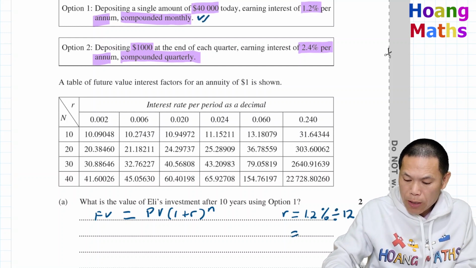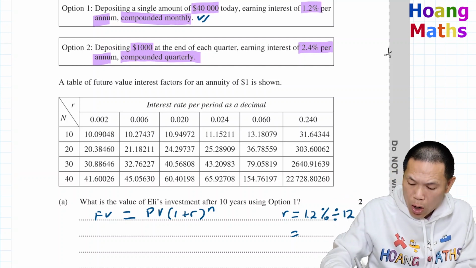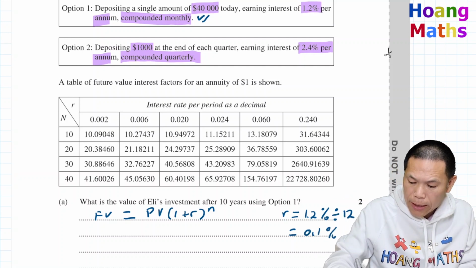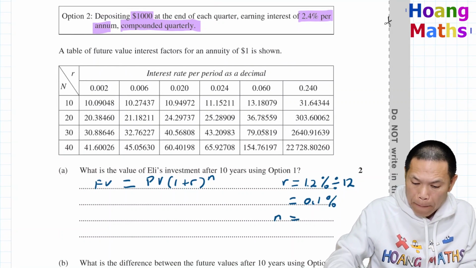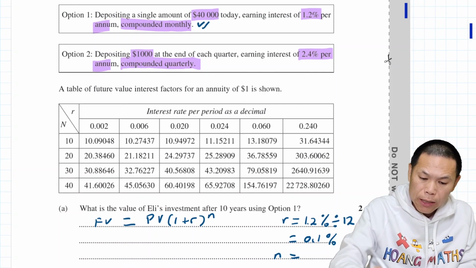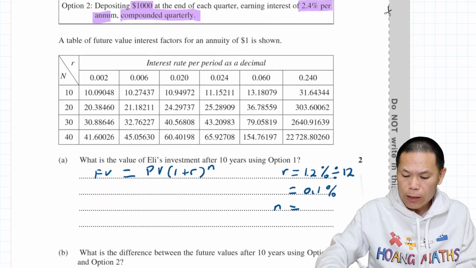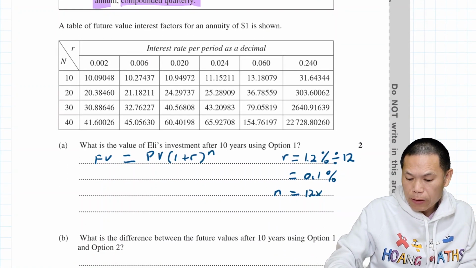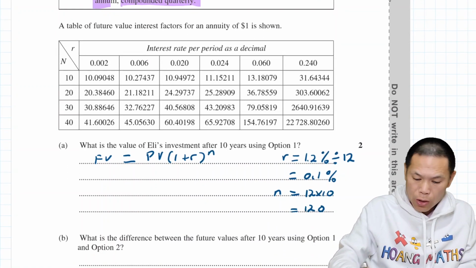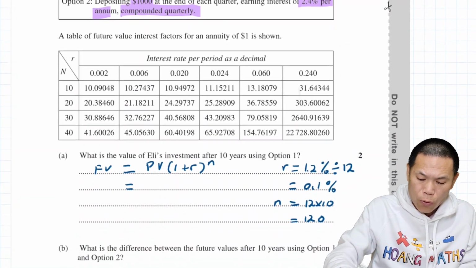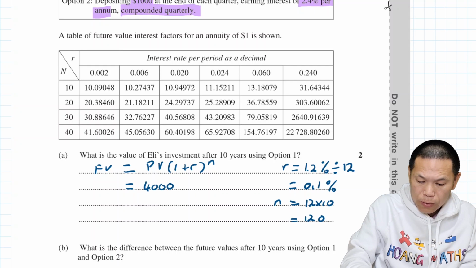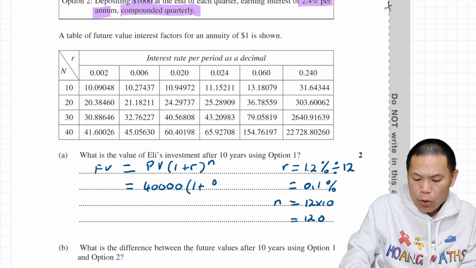So 1.2 divided by 12 is 0.1%. And the N, because it's compounded monthly, for 10 years is 12 times 10, so 120. So the present value is 40,000 times 1 plus 0.1% means 0.1 over 100, to the power of 120.